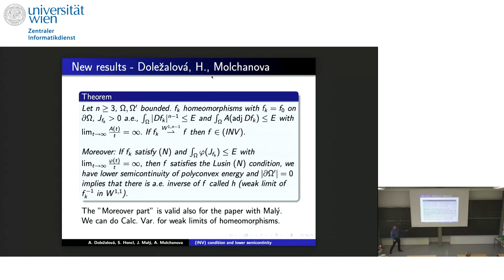And in the paper, just for fun, we added a small section: imagine that you have a polyconvex energy functional with the corresponding growth containing these terms. You minimize over the class of weak limits of homomorphisms, and the minimizer really exists. So calculus of variations is now available even in this class.